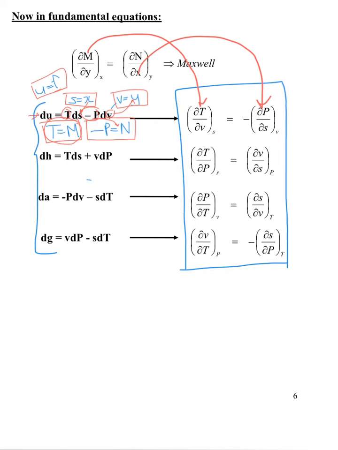So the Maxwell relationship can be derived by taking the slope temperature and now differentiating it to the volume while keeping the entropy constant. And this must be equal to taking the partial derivative of pressure to entropy while keeping the volume constant.